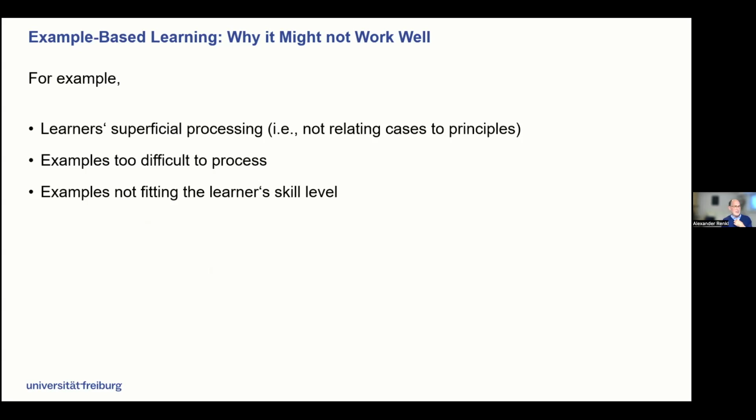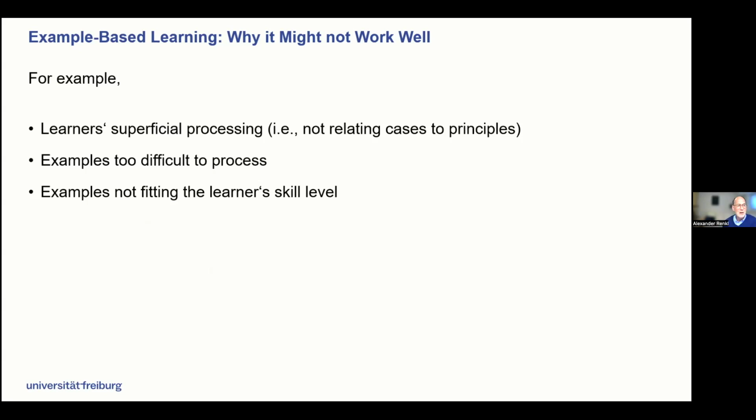And examples can be too difficult to process, especially in the beginning. I will show an example why this can be the case. Or examples may not fit the learner's skill level. For example, I said it's for initial cognitive skill acquisition.